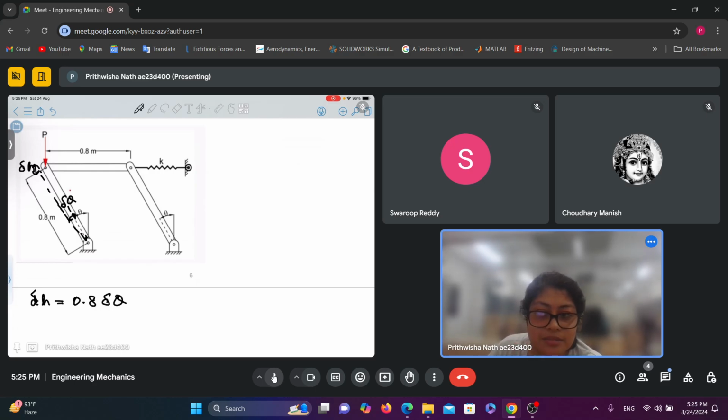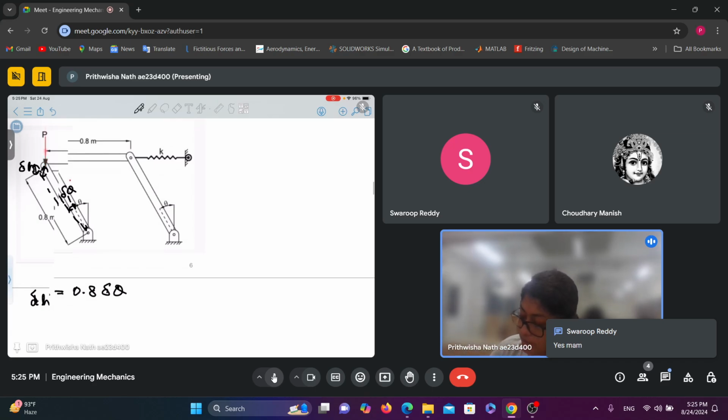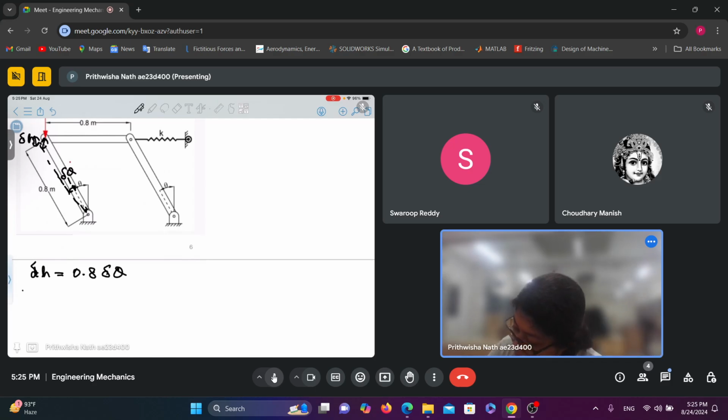Did you get that? So the work done by P would be P into 0.8 delta theta.